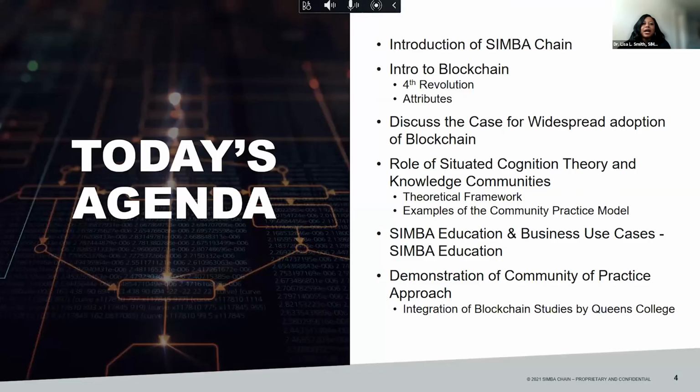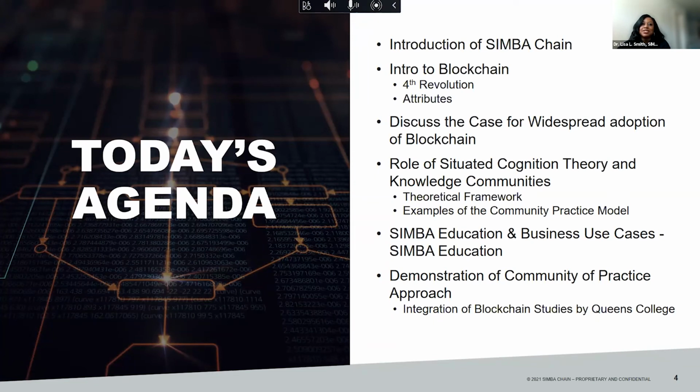Today, we will start with a high-level introduction of blockchain as a part of the fourth industrial revolution and the features that contribute to its role in innovation. And since this is such a varied audience in terms of knowledge of blockchain, we will do a brief introduction to the basic concepts of blockchain. We will then discuss the theoretical framework associated with the initiative between academia and practitioners to achieve widespread adoption of blockchain, using situated cognition theory and knowledge community as a means of integration into blockchain studies.